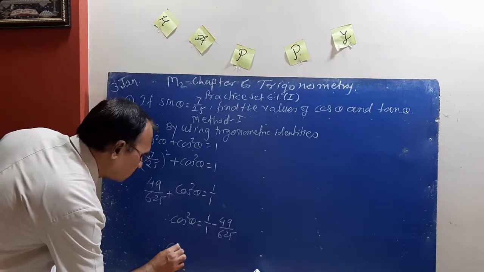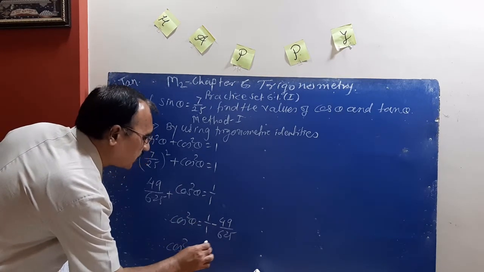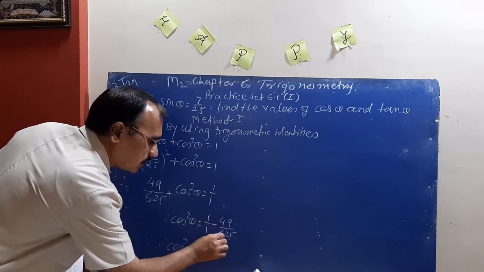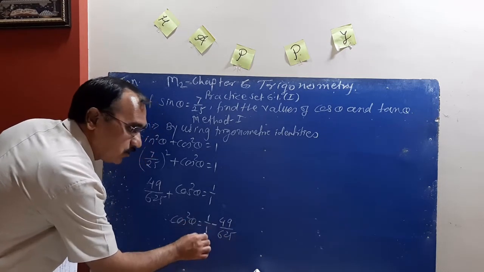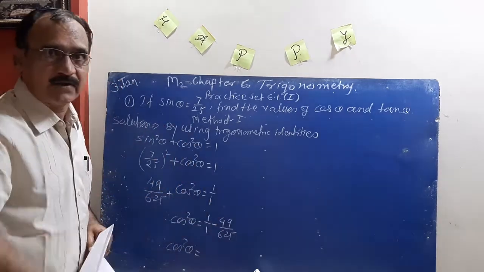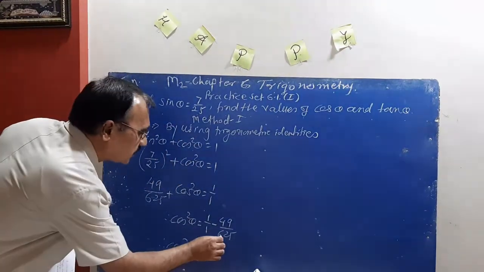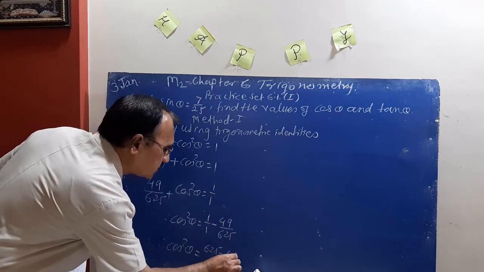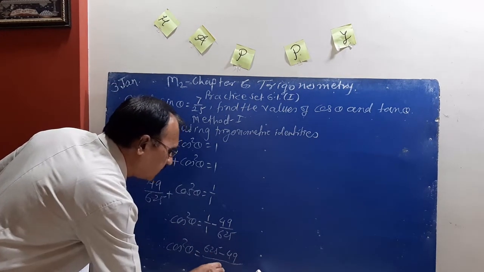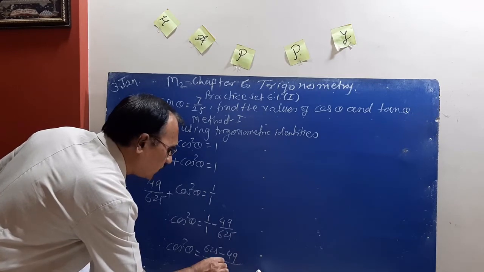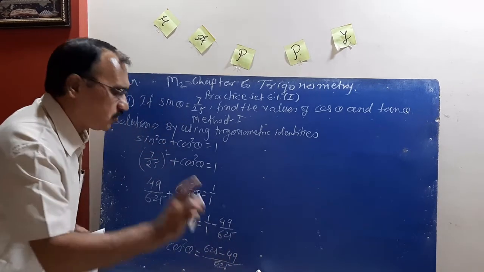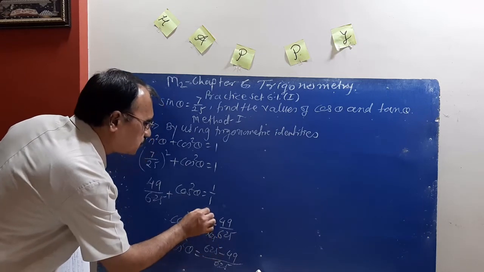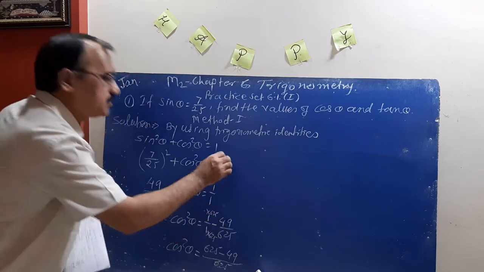And therefore cos square theta is equal to, making the denominator the same, multiply numerator and denominator by 625, so 625 minus 49 divided by 625.